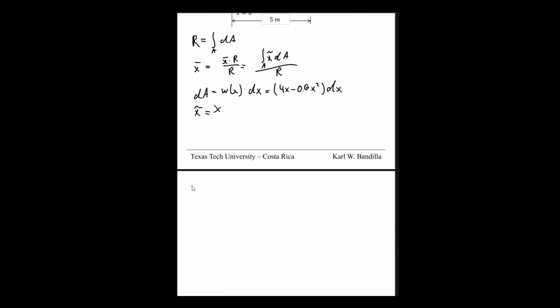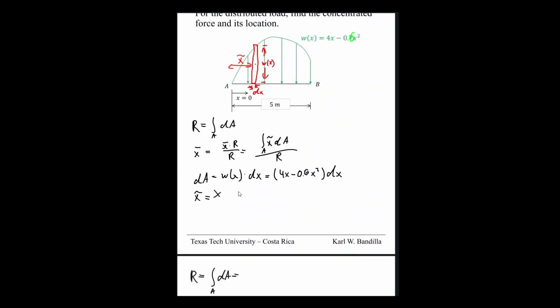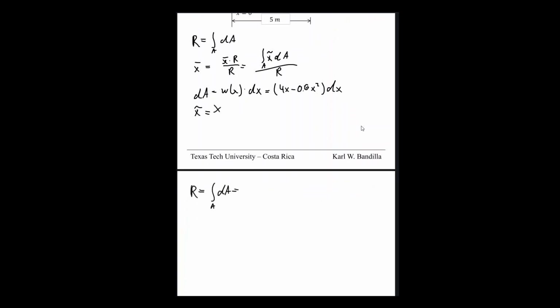So we can say our concentrated force, the magnitude, is the integral of dA. In terms of x, we go from 0 to 5. And we said dA was this right up here, 4x minus 0.6 x squared dx. So all we have to do is solve this.